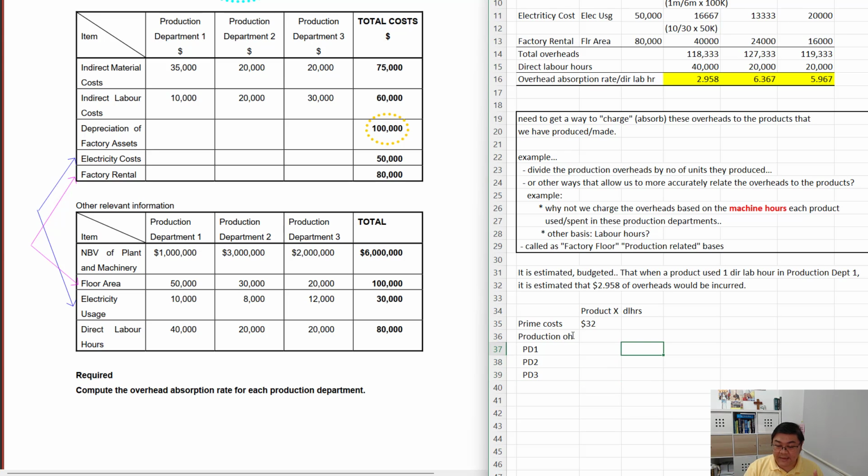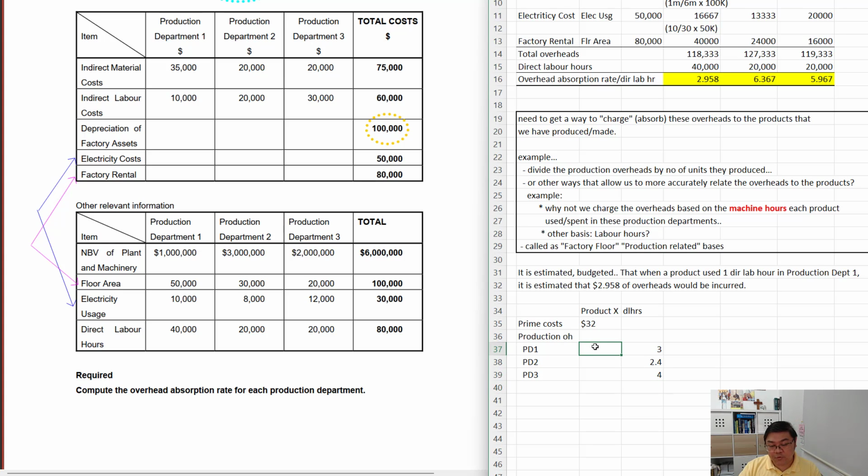Let's say this product will spend about 3 hours in production department 1, 2.4 hours in production department 2, and about 4 hours in department 3.